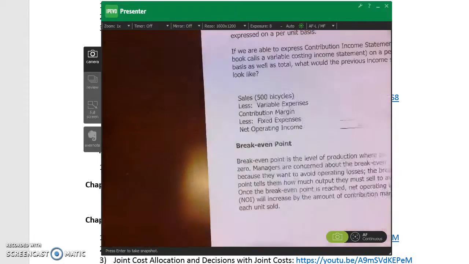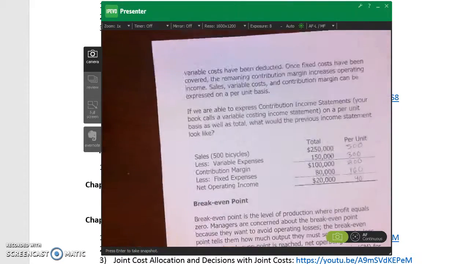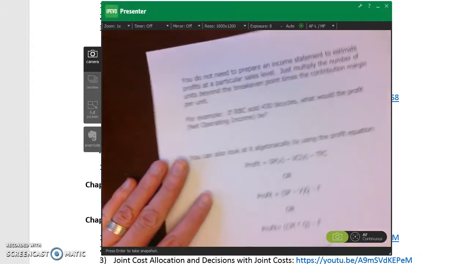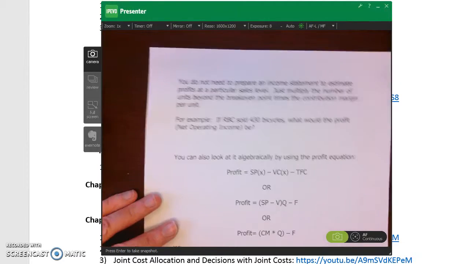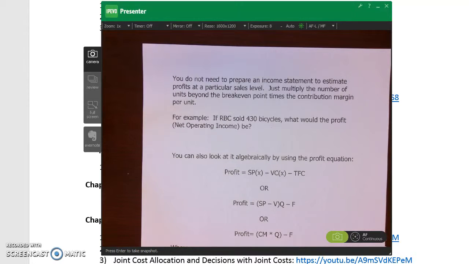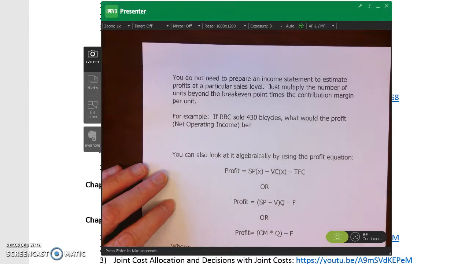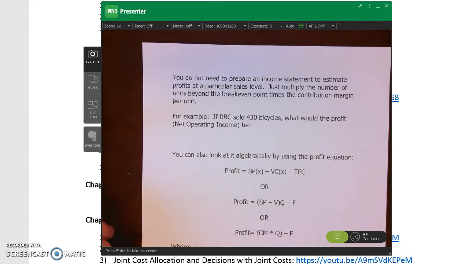Okay? Continuing on looking at the next page, what if we look at a different question. What if RBC sold 430 bikes? What would the net operating income be? Now, there's a couple different ways that we could do this.